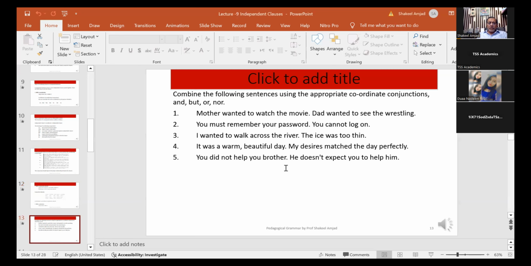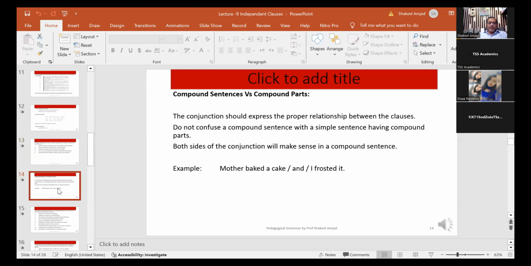ये सेंटेंस की प्रैक्टिस, I'll send you compound sentences. याद रखिएगा, कंपाउंड सेंटेंस की हम बात कर रहे हैं, कंपाउंड पार्ट्स की बात नहीं कर रहे. उसको हमने उस वक्त जिक्र कर लिया था when we began with the sentence.